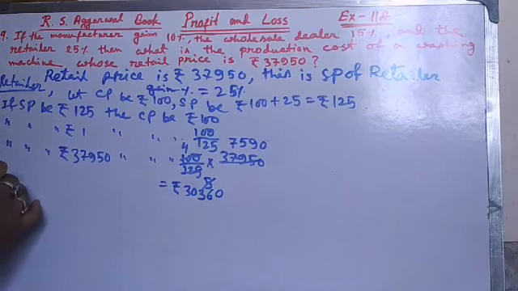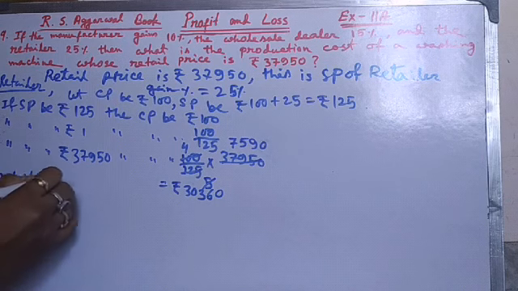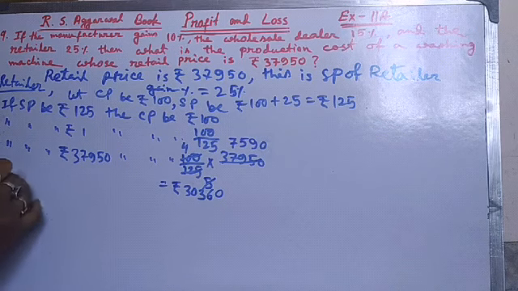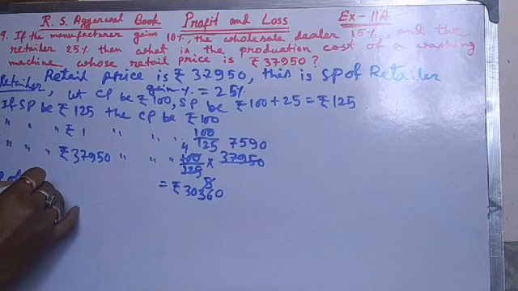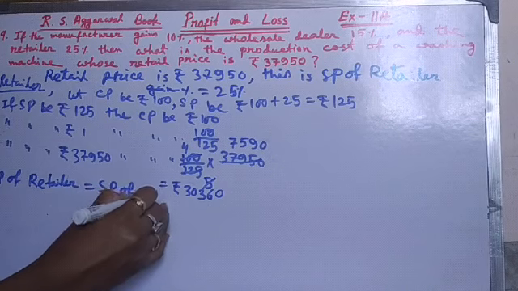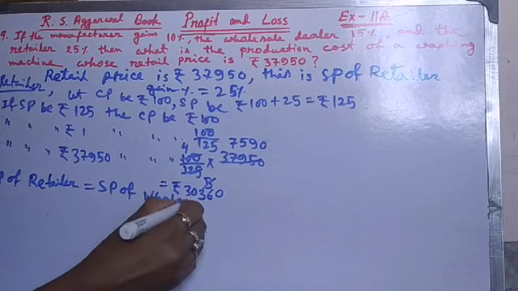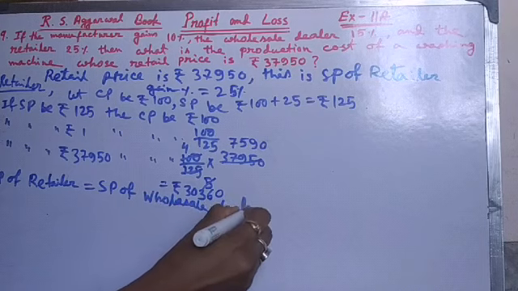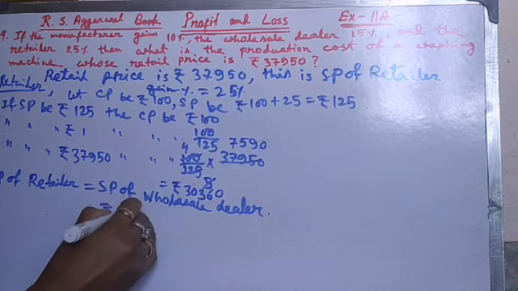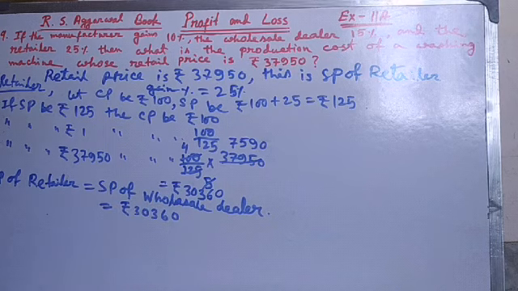That means CP of retailer equal to SP of wholesale dealer equal to this one 30,360, that is SP of wholesale dealer. Now you will find out wholesale dealer's CP.